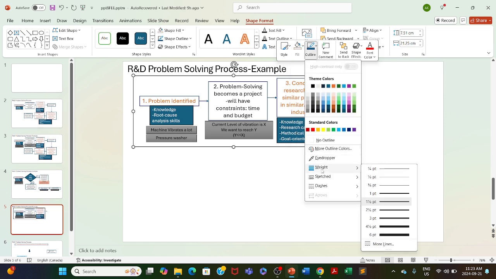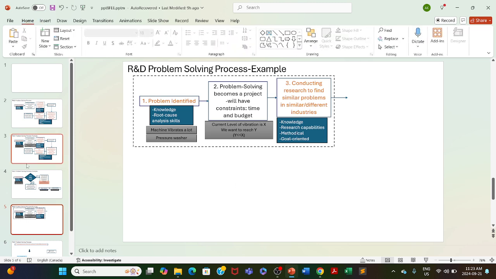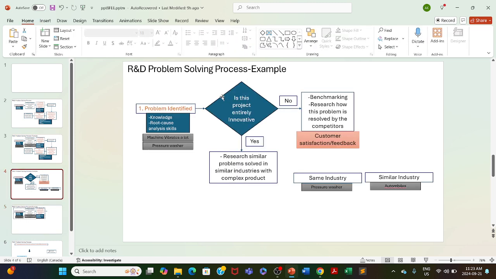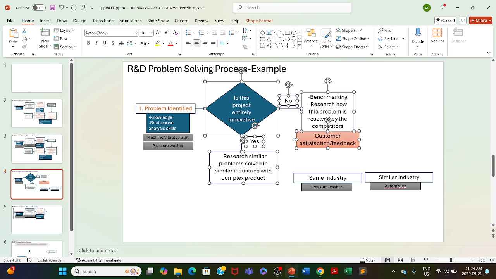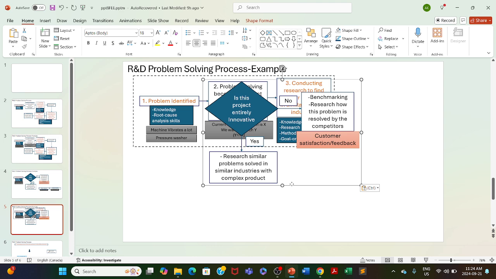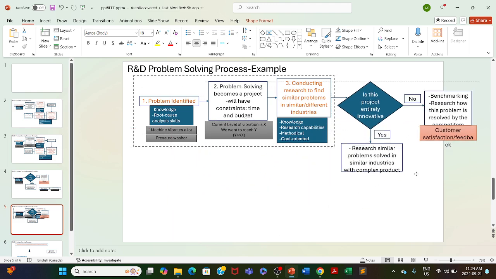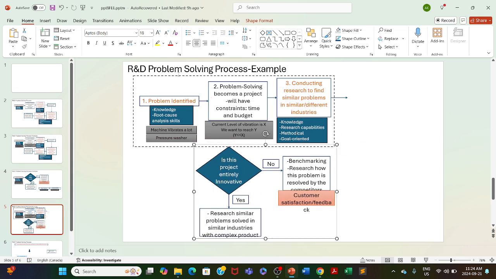I'm going to make it dashed. Control G, Control C, Control V. Unfortunately I didn't have much space, so I will have to move it up a little bit.